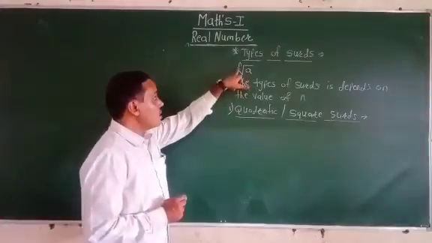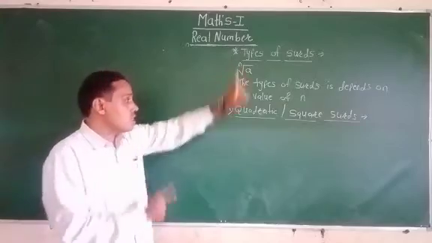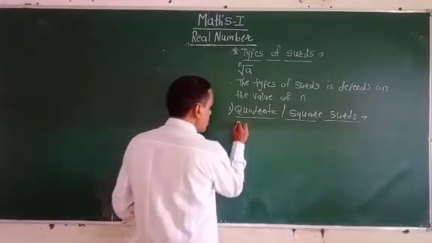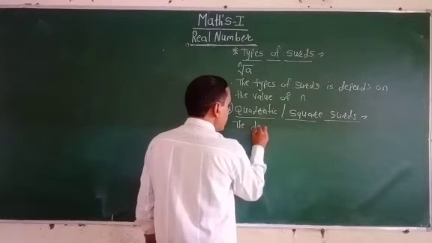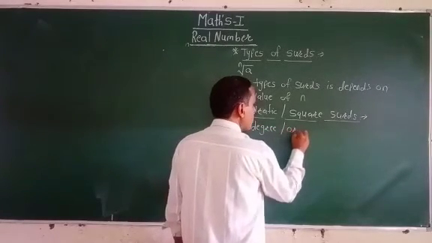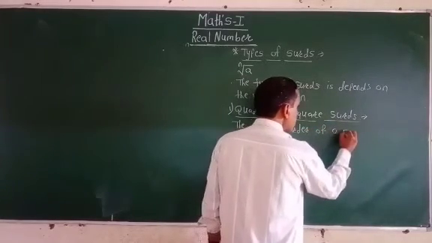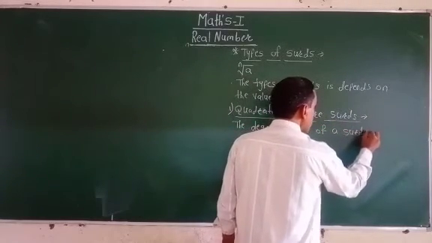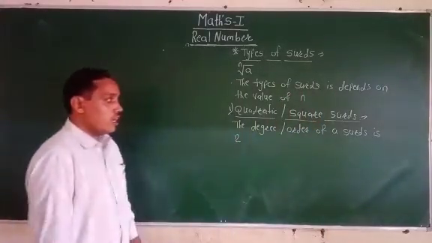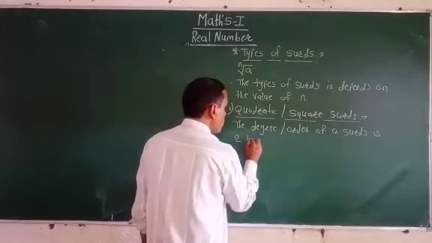Where the value of n is 2 in a surd, that surd is called the quadratic or square surds. The degree or order of a surd is 2.